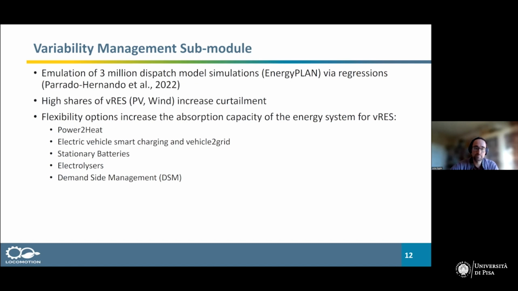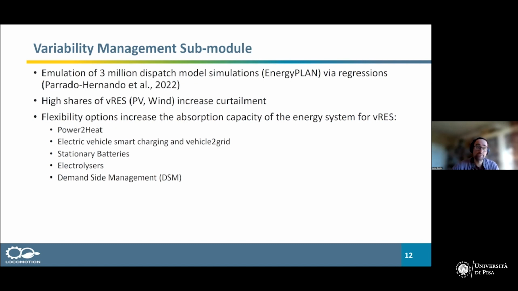What are the important inputs? There can also be flexibility options in the power system. For example, power to heat can help to absorb more electricity from intermittent renewable generation.